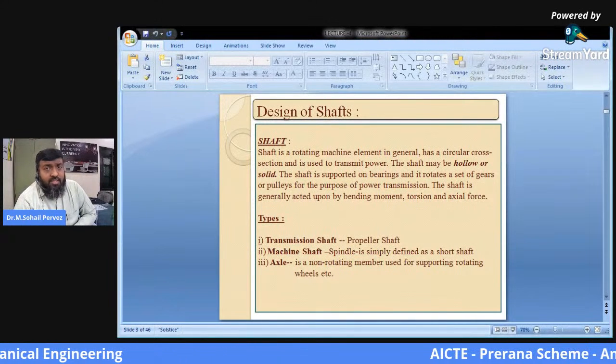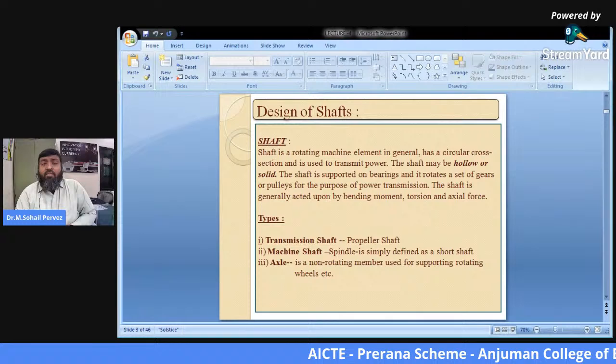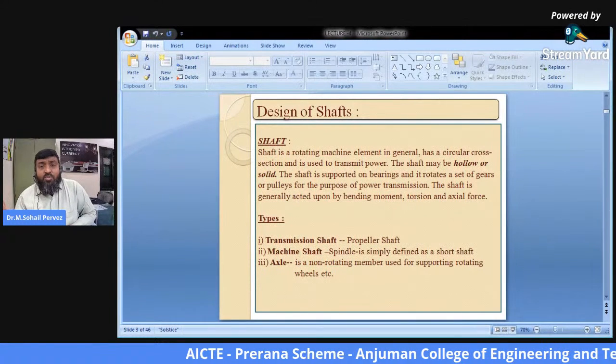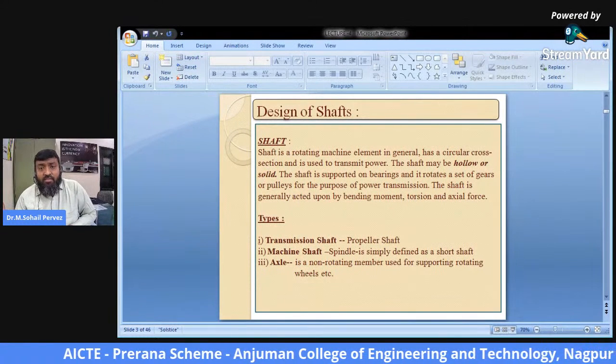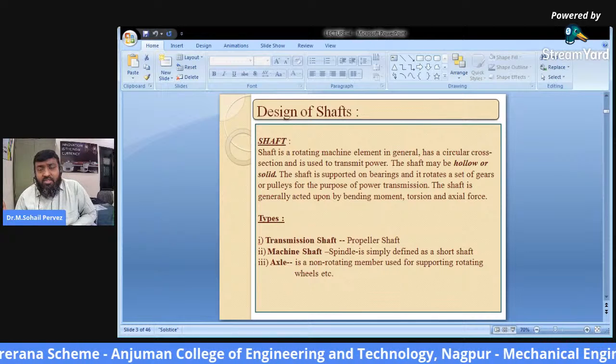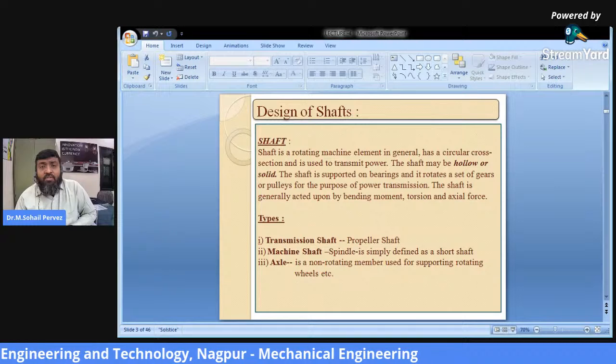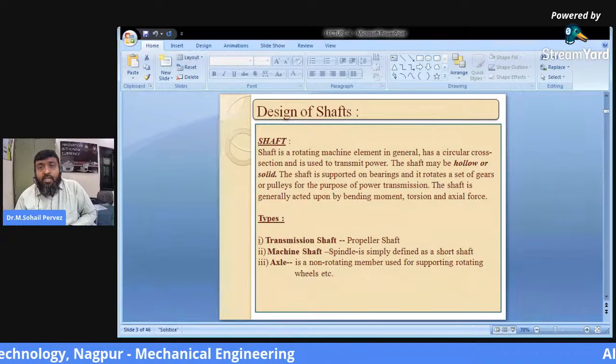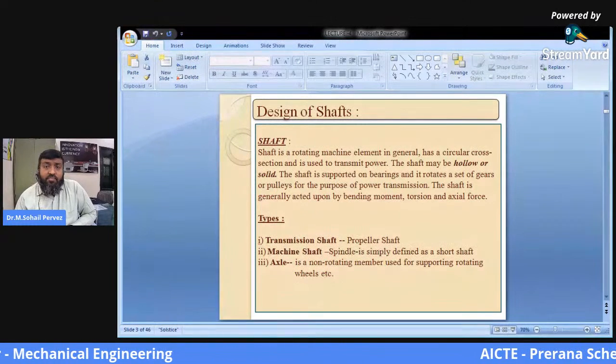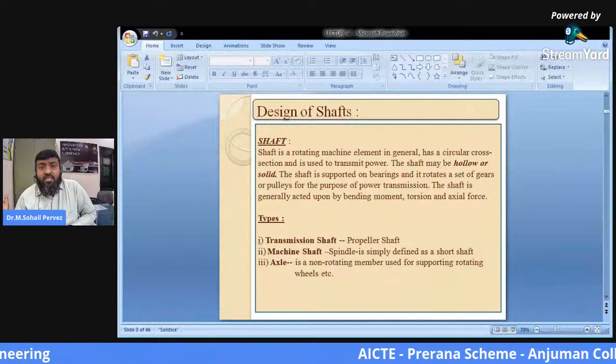But in the process of power transmission, how many sources are there which generate mechanical power? The basically identified sources of power were IC engine, electrical motor, and turbines. These were the basic identified sources of power.